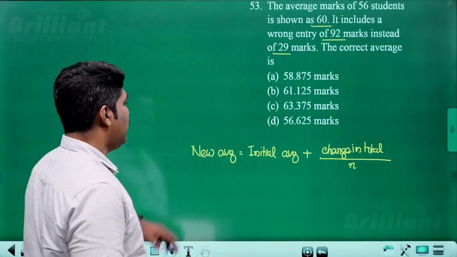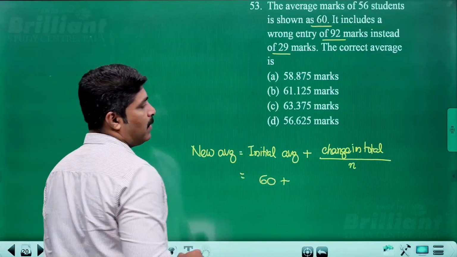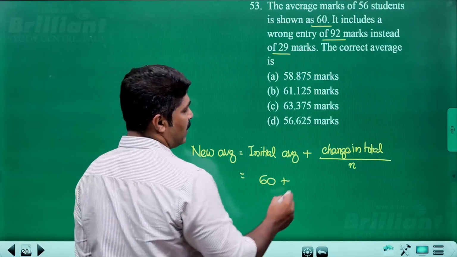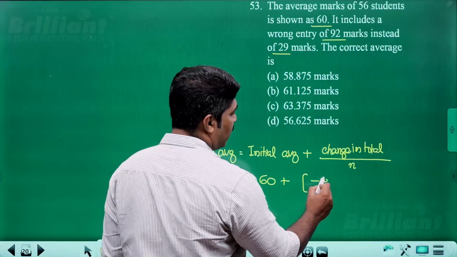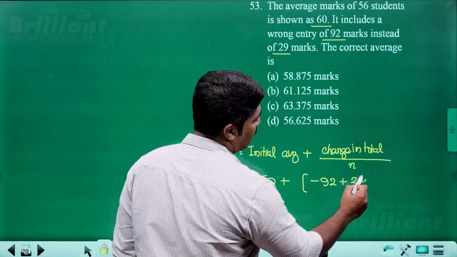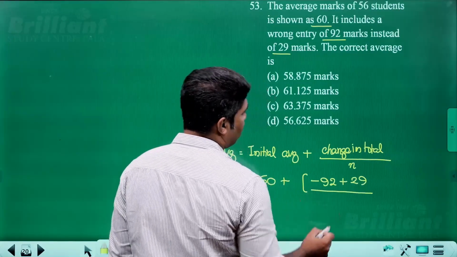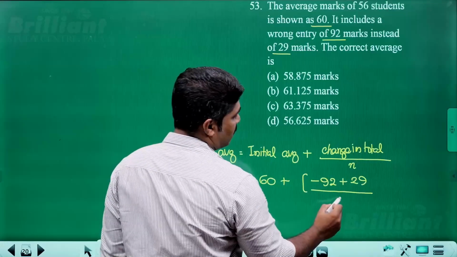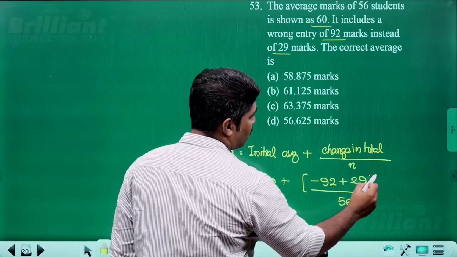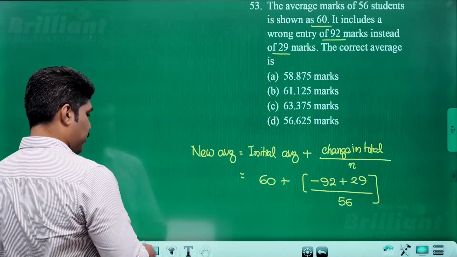Initial average is 60 plus, what is the change in total? Understand that step. We are removing 92 and replacing it with 29. We just divide it by the number of observations. What is the number of observations? 56 observations. So this is a simple step of operation.